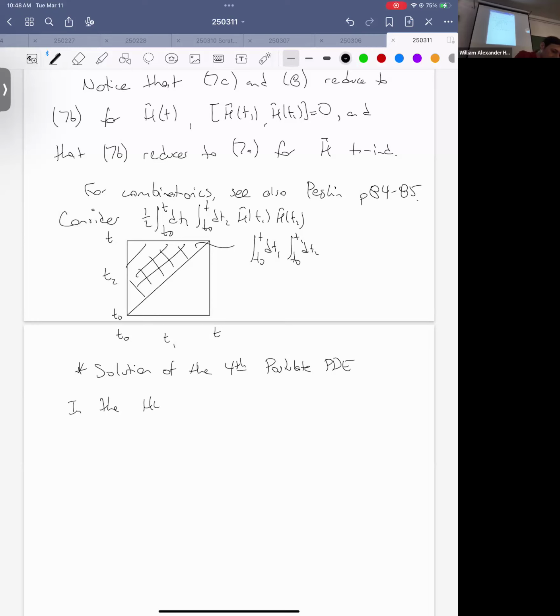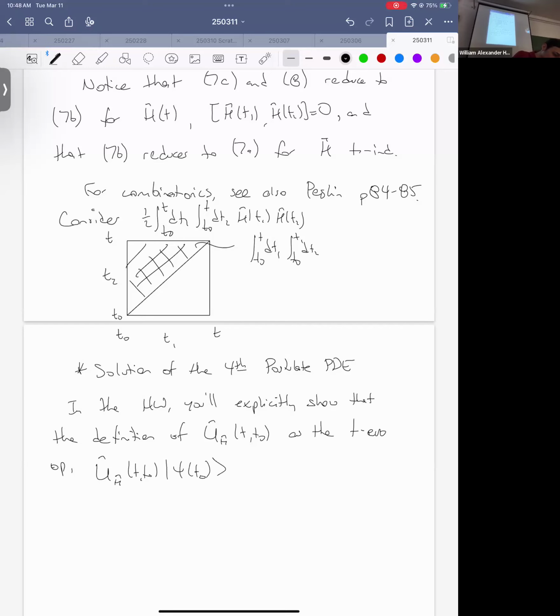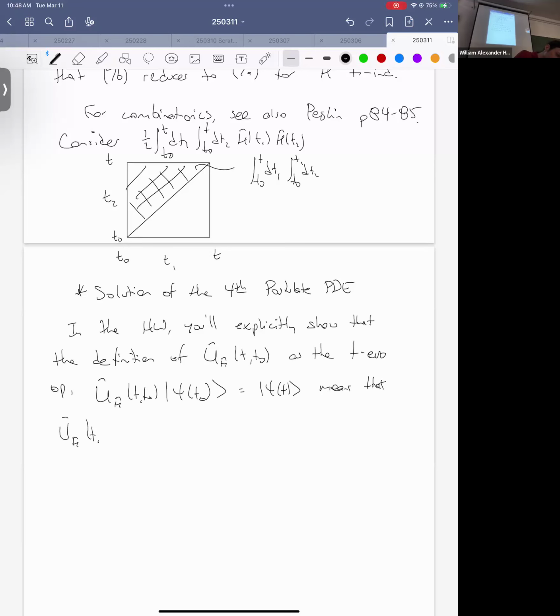So in the homework, you'll explicitly show that the definition of U hat(t, t0) as the time evolution operator, which is to say U hat(t, t0) psi(t0) is equal to psi of t, means that U hat(t, t0) itself obeys a time-dependent Schrödinger type equation.